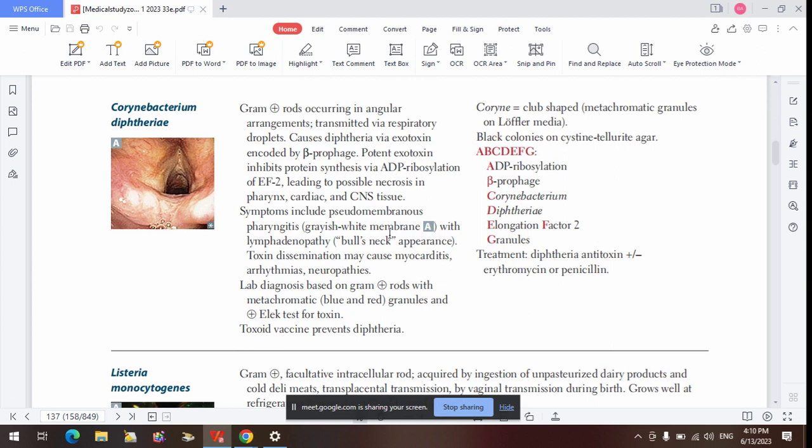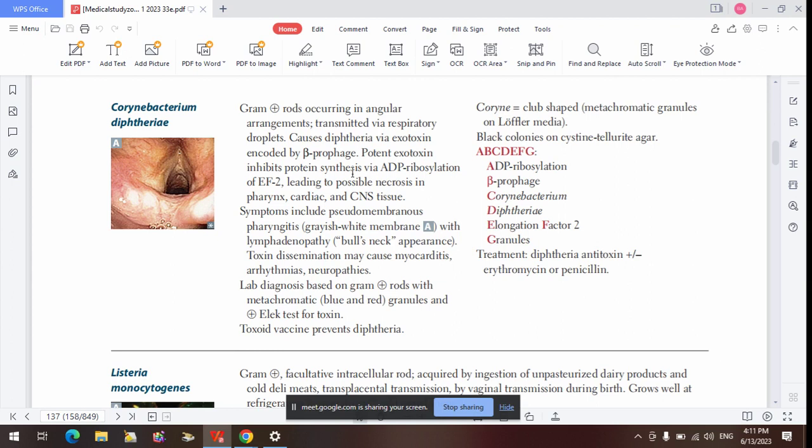When you see somebody with a sore throat and pseudomembranes, who also presents with chest pain, fever, tachycardia suggesting myocarditis, and signs of nerve involvement like peripheral neuropathy, you suspect Corynebacterium diphtheriae. Myocarditis can lead to arrhythmias, and nerve involvement causes neuropathy. So how do you diagnose them?